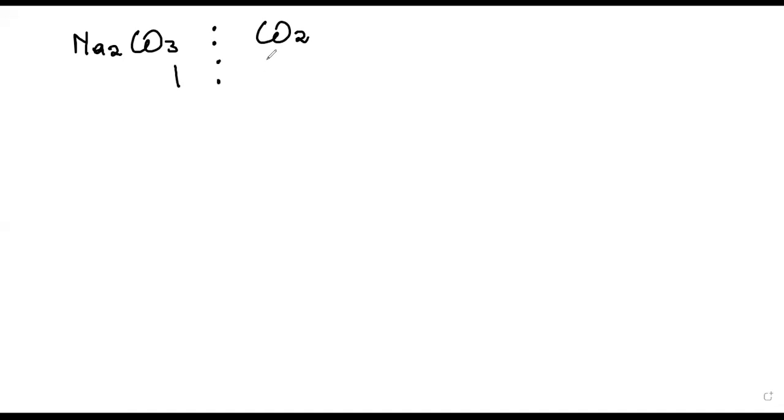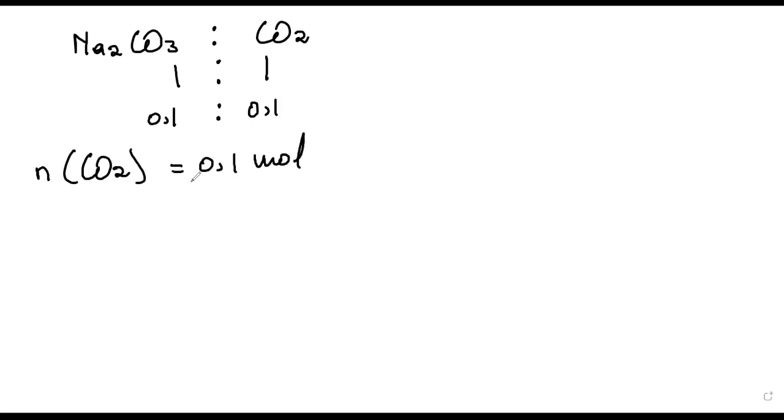They combine in a 1:1 ratio. What is the meaning of this? It means if I have 0.1 moles of sodium carbonate, I'm also going to have 0.1 moles of carbon dioxide. So now I know the number of moles of carbon dioxide. It's just going to be 0.1 moles.